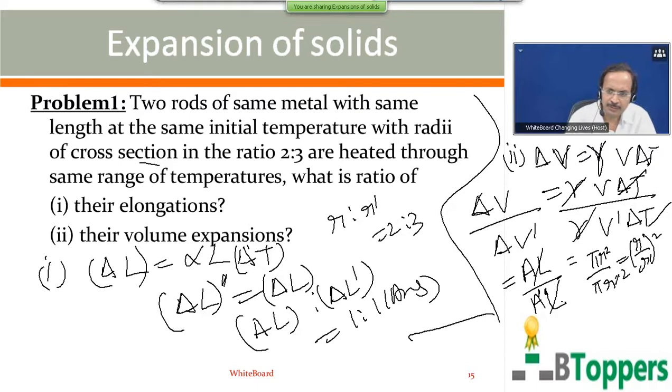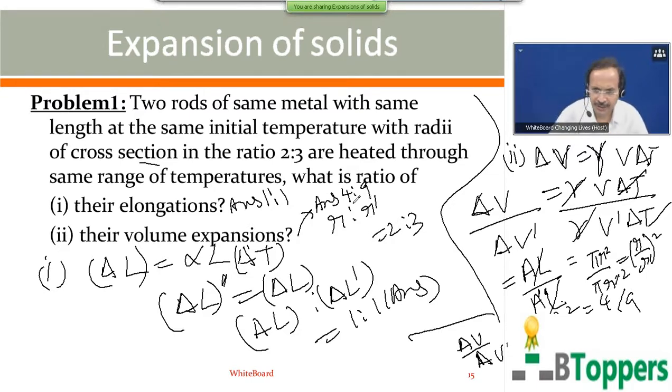So therefore delta V by delta V dash will be (2 by 3) whole square, so 4 by 9. So for the first part of the question the answer is 1:1. The second part of the question answer is 4:9. If you want to copy the working, you can take a pause and copy the working.